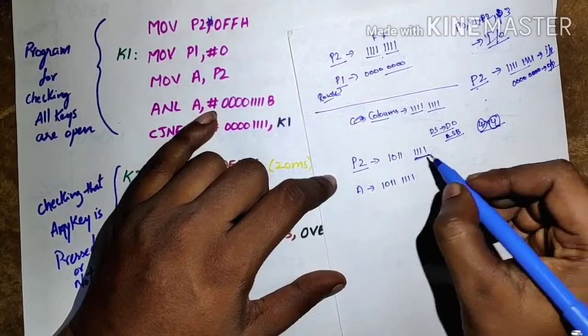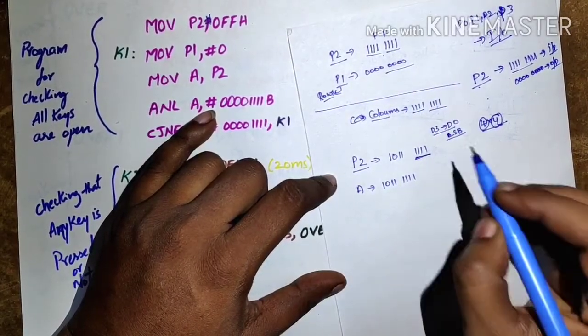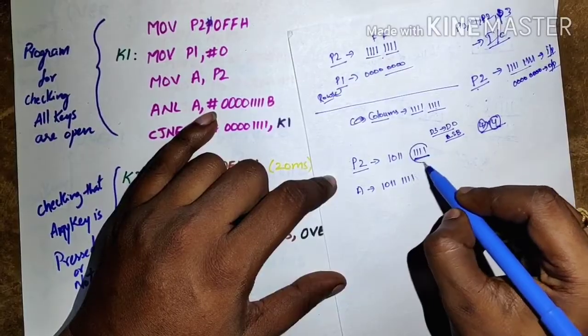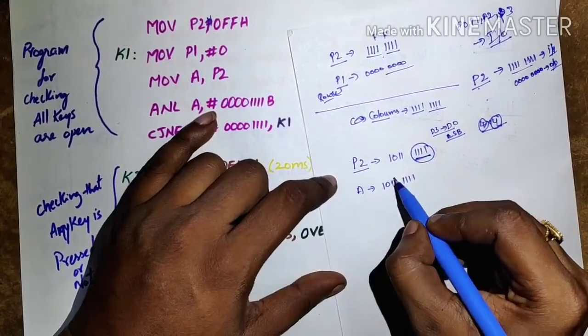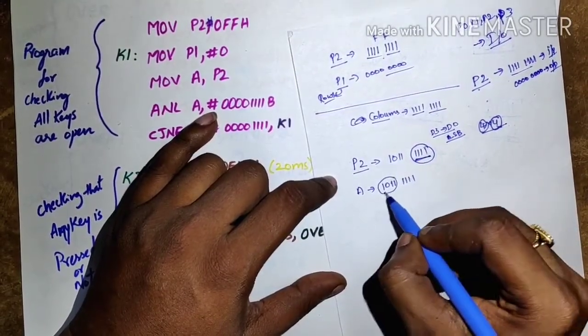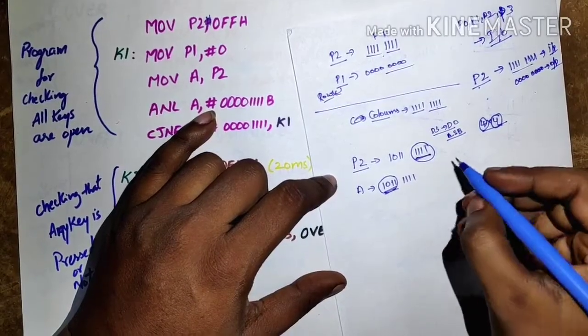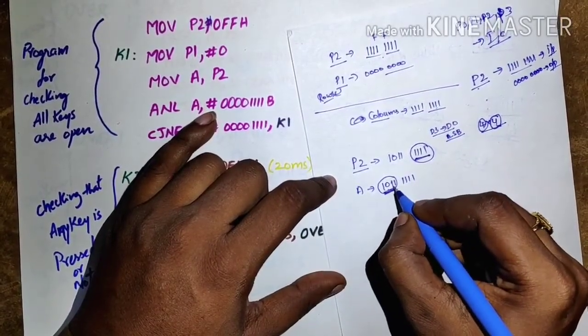So for the LSB bits of P2, we only need the values of the LSB bits. We don't bother about the MSB bits. Now the accumulator value is 1011.